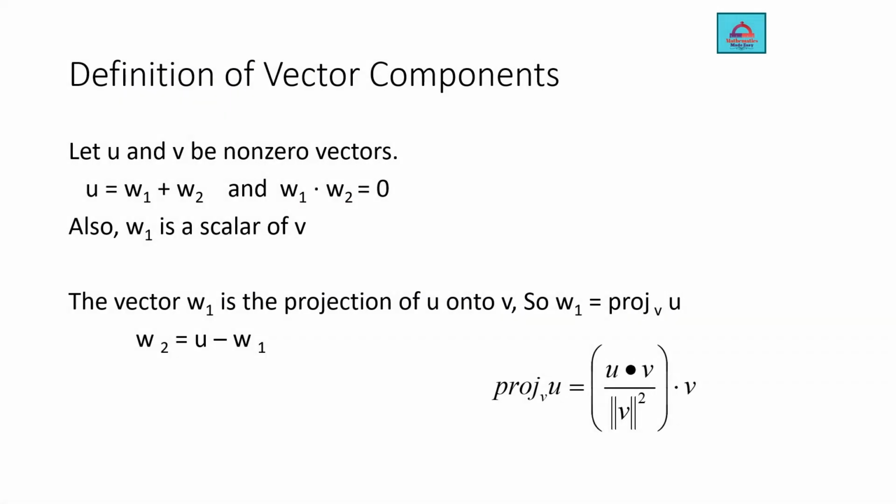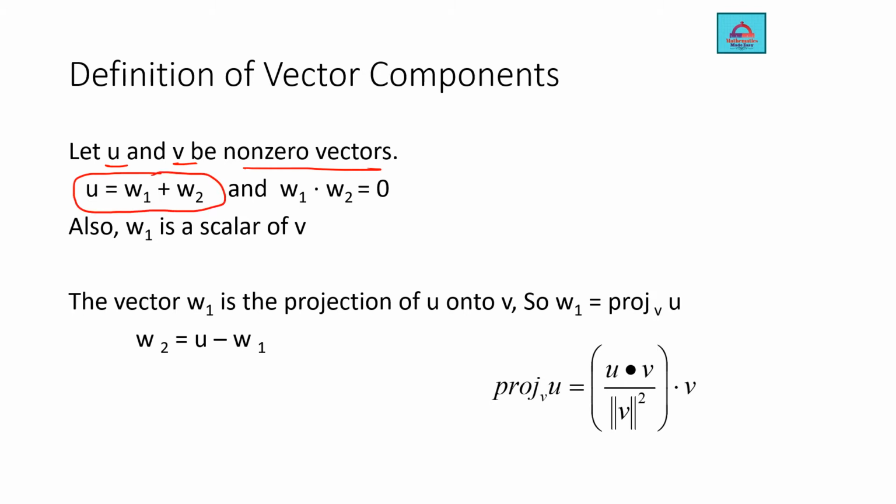Now, extending the concept of projection of vector u onto v, we have the definition of vector component. In your ministry exam, the kind of question that you will get, you have to also find w1 and w2. What is that? If u and v are non-zero vectors, then u can be written as w1 plus w2.